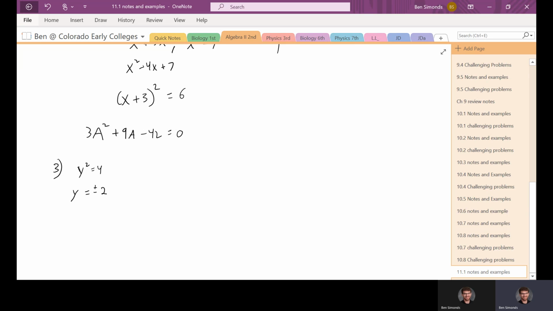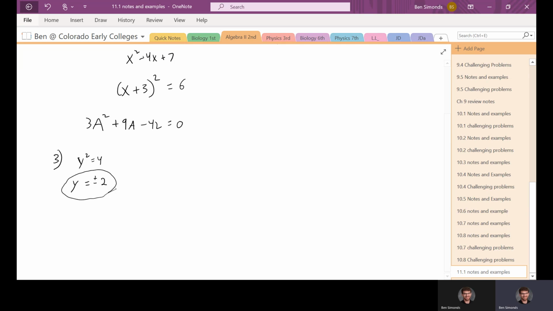So we don't know if it's positive or negative, and we have to give credit to both answers. So plus or minus 2. That's all the square root property is saying. It's nothing new, just a reminder that a square root has a positive and a negative option.